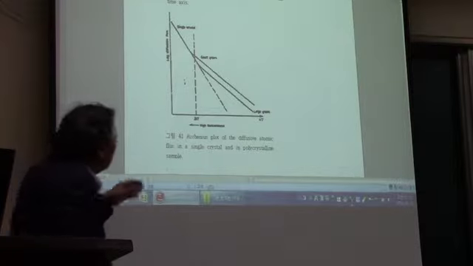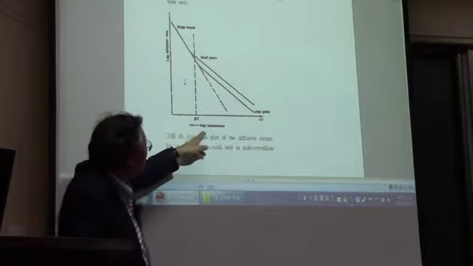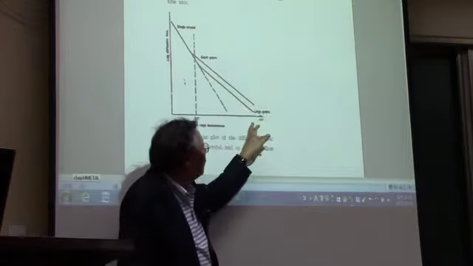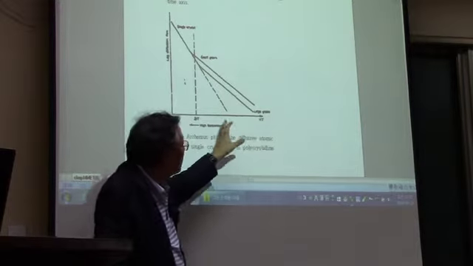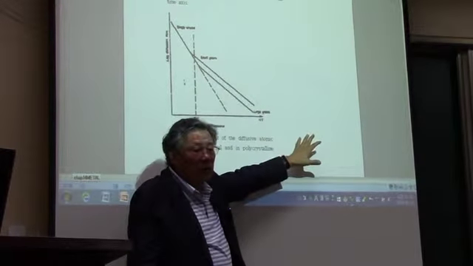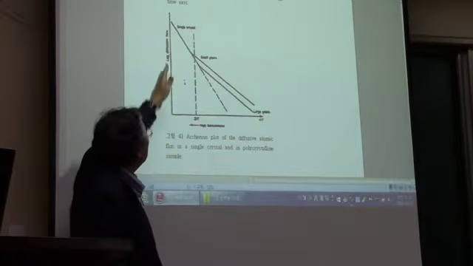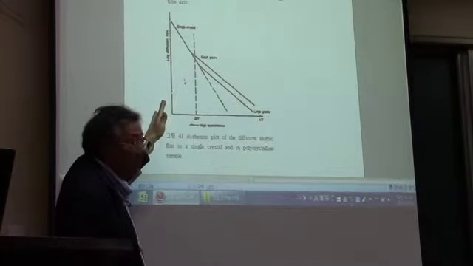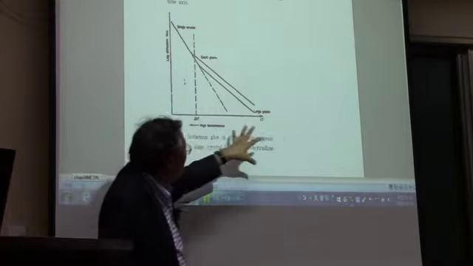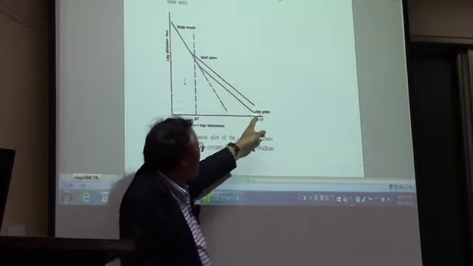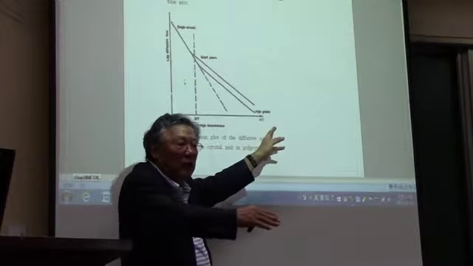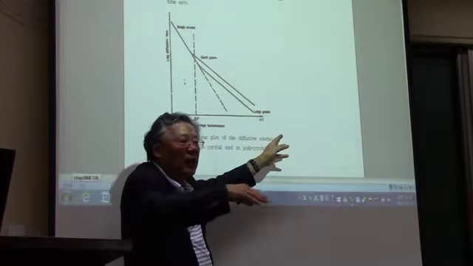Now this is one of the interesting results. This is temperature, one over T, reciprocal temperature, so it has low temperature on this side and high temperature on this side, and here the diffusion coefficients. At low temperature, grain boundary diffusion is the only thing that can happen.